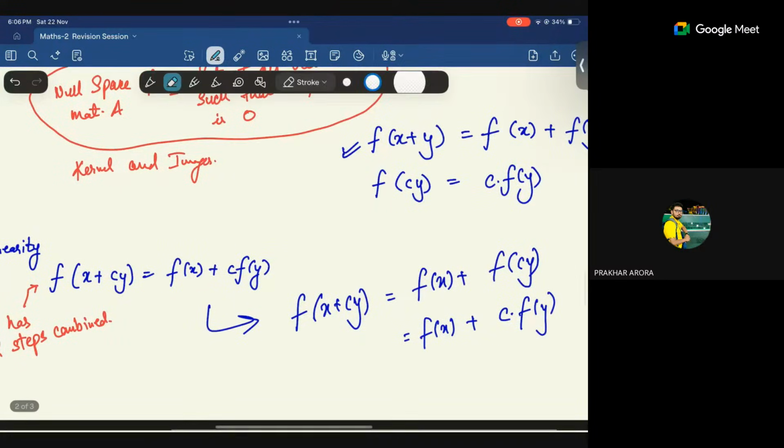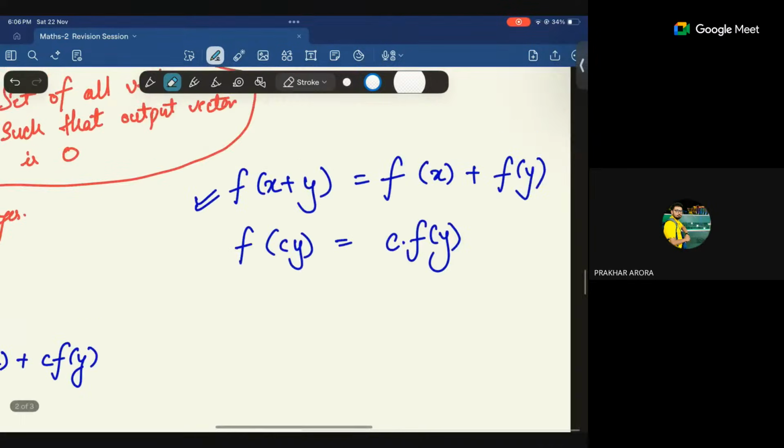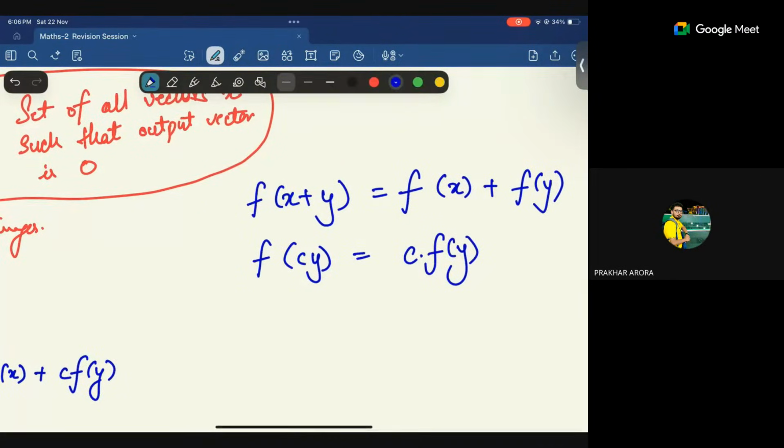That is why I don't like this. This is by no means a shortcut or a trick. This is exactly what linearity is, just that the steps are broken into two. We are taking things in chunks. This is the mathematical definition of linearity.